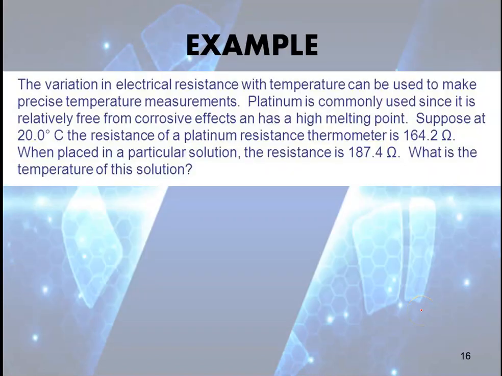So I have an example here. We have electrical resistance with temperature. We have platinum here, and this platinum at the initial temperature of 20 degrees Celsius has a resistance of 164.2 ohm, and you are asked to find the final temperature when the resistance is equal to this one.